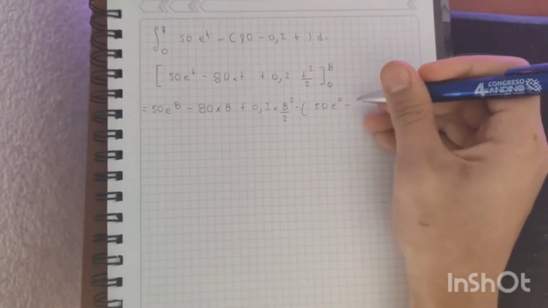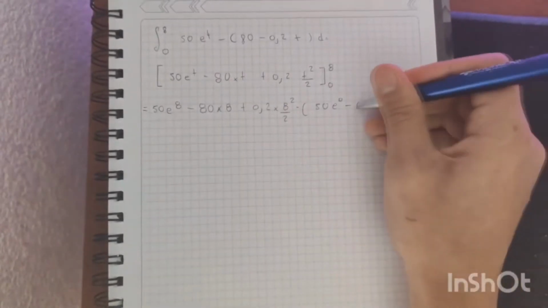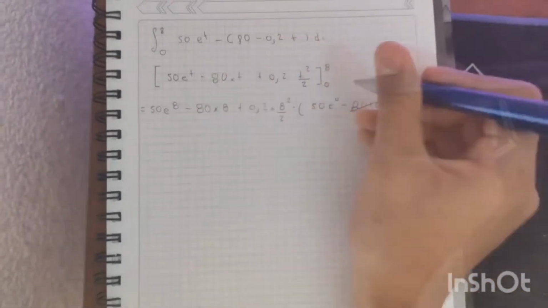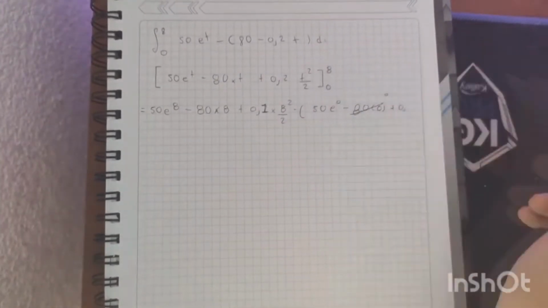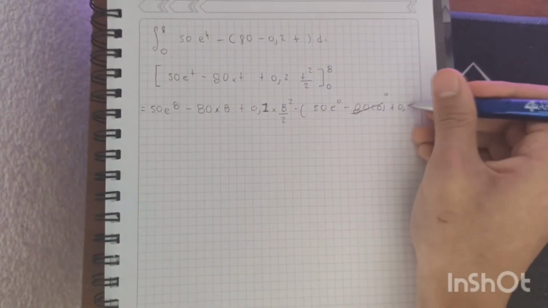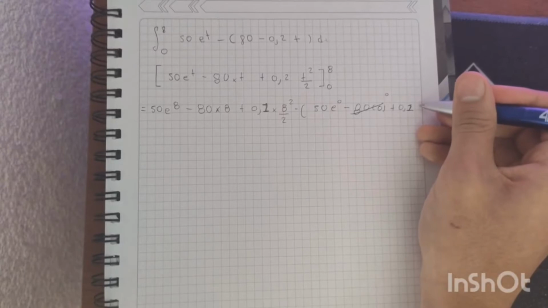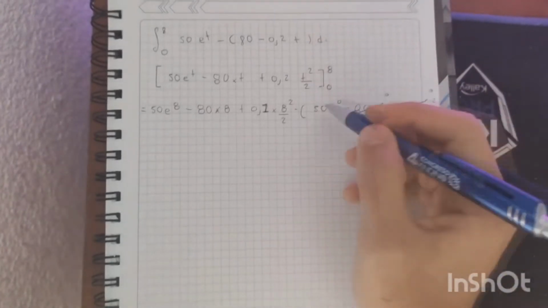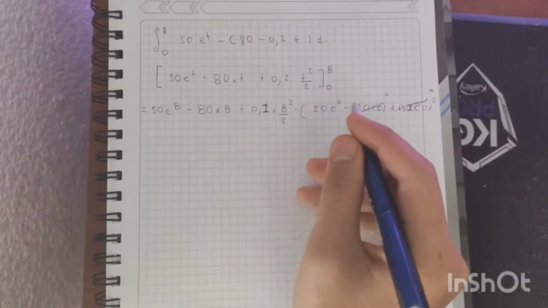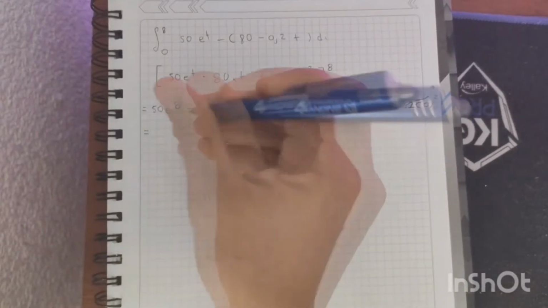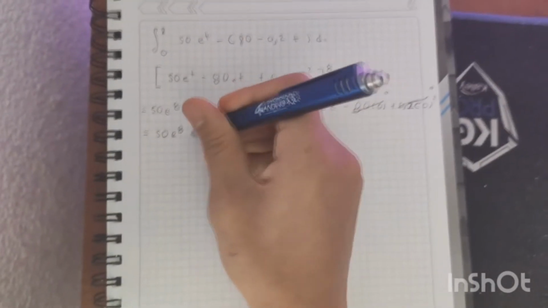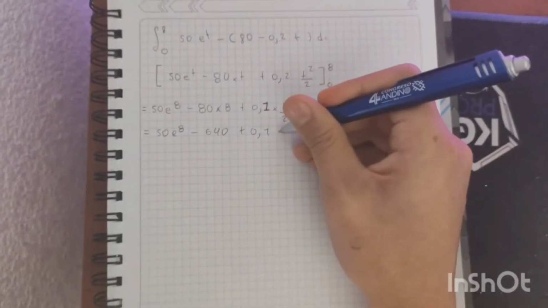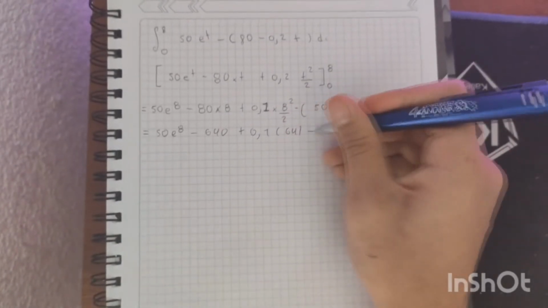Now I replace 0: 50 times e to the 0, minus 18 times 0, that is 0, plus 0.2 times 0 squared divided by 2, that is 0. And I only have 50 multiplied by e to the 0. I want to resolve this part: 50 multiplied by e to the 8, minus 18 multiplied by 8, plus 0.1 multiplied by 64, minus 50.